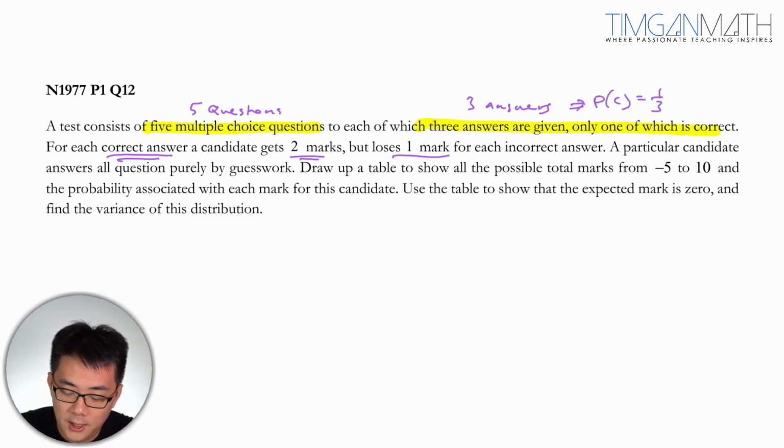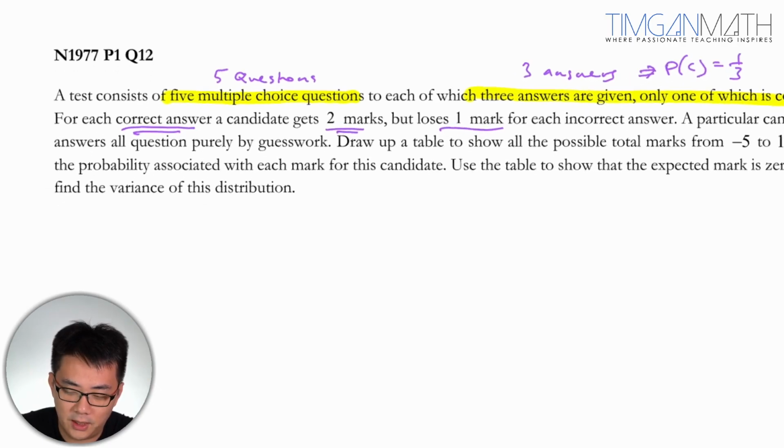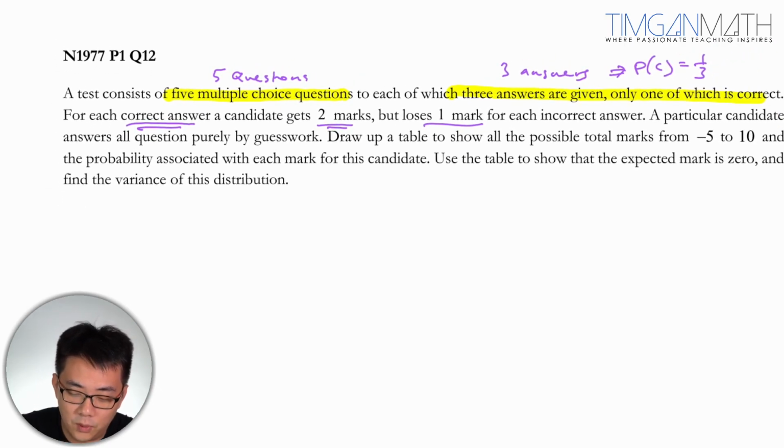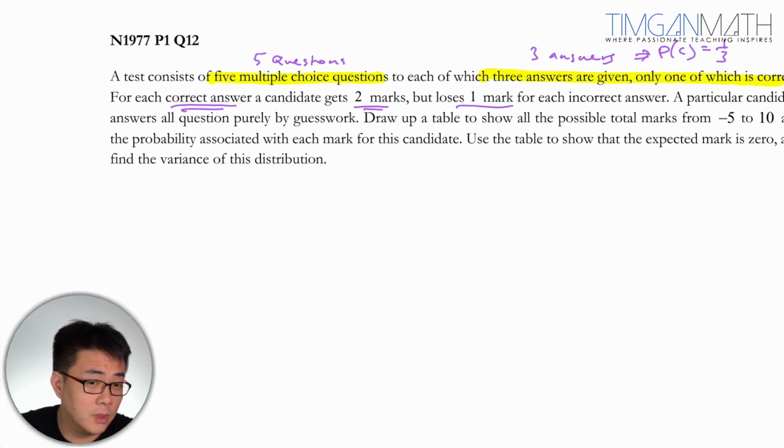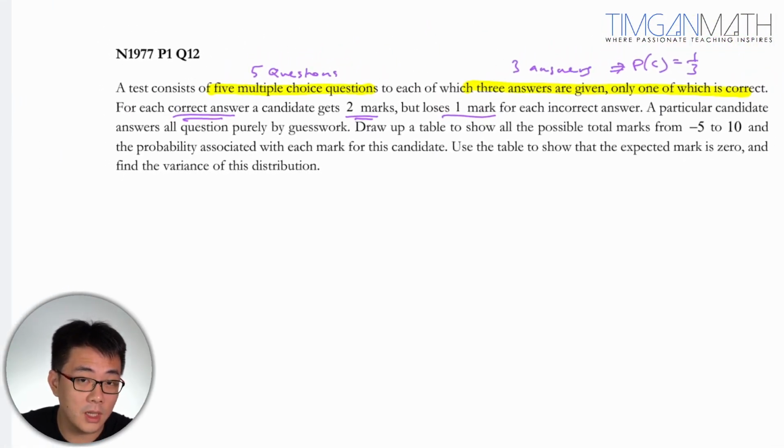All right. Then draw up a table to show all the possible total marks from -5 to 10 and the probability associated with each mark of this candidate. Okay, great. So what I would suggest is this is a binomial distribution for the number of questions getting correct.